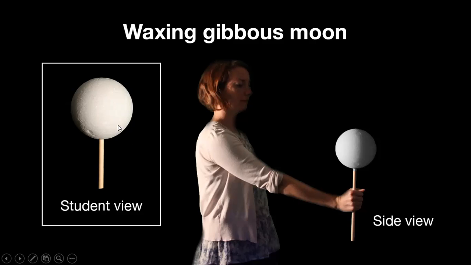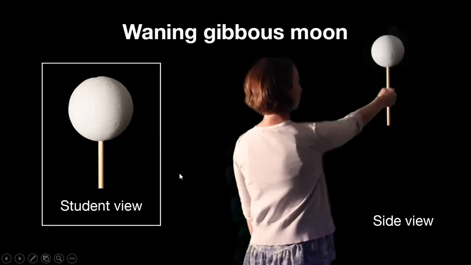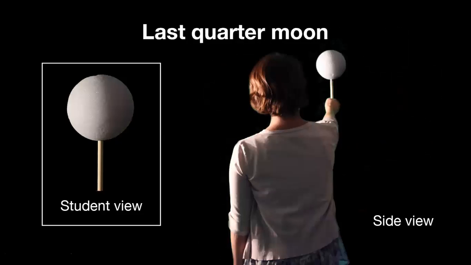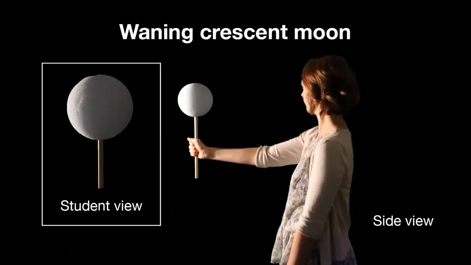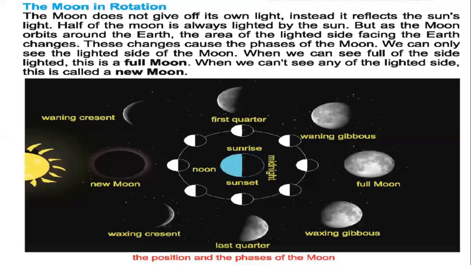If you look at these slides, you will get a clear concept. So the full moon, that bright full moon, how does it look by the side view as well as the front view? All is shown here. Now the waning gibbous moon, the last quarter moon, the waning crescent moon, and the new moon.